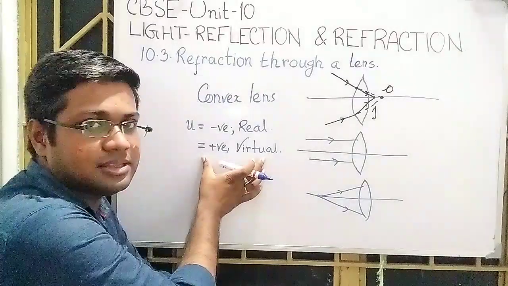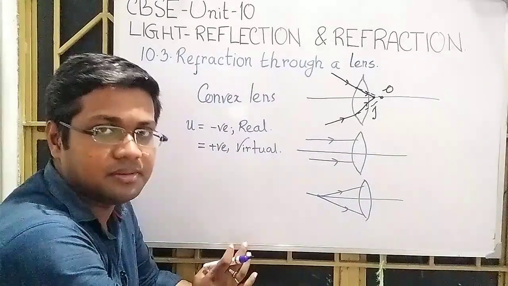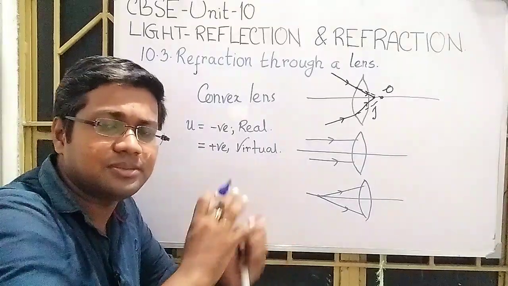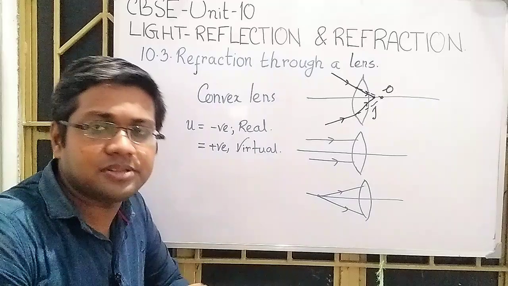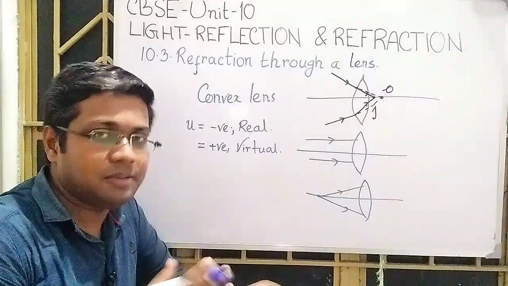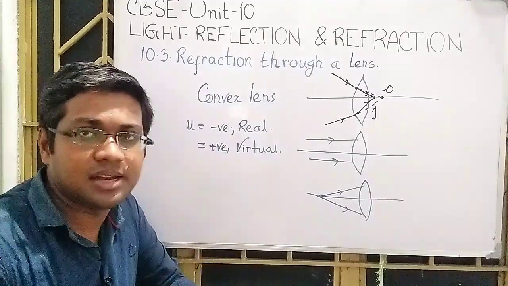But this case is not part of the CBSE secondary level syllabus. So just take it for granted that in most cases, 99% of the cases, the object distance we take into consideration according to the sign convention is always negative.